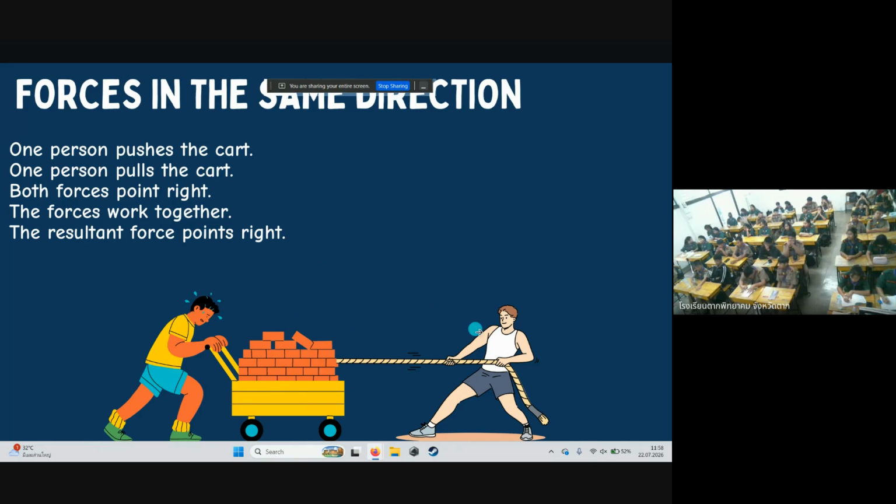A plus B to the right, if they are in the same direction. The resultant force will be the combination of this person and this person.